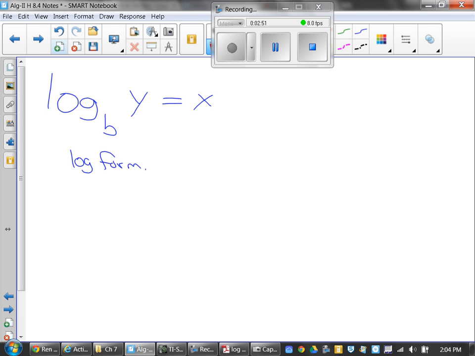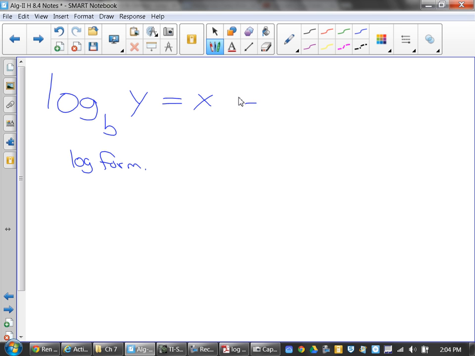The inverse of log form is exponential form. I don't want to say inverse; I should say it's the same way of writing it out. They're synonymous with one another. b to the x is y. And this is called exponential form.